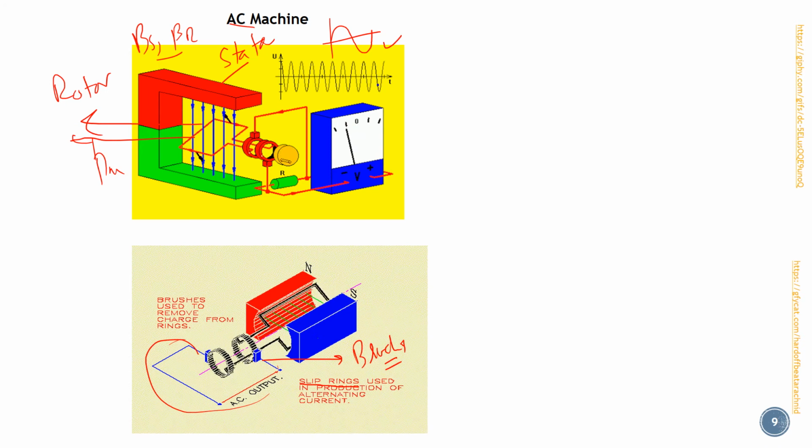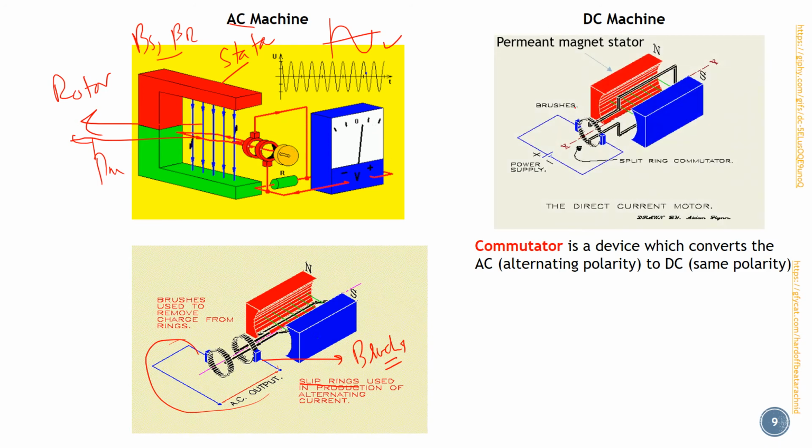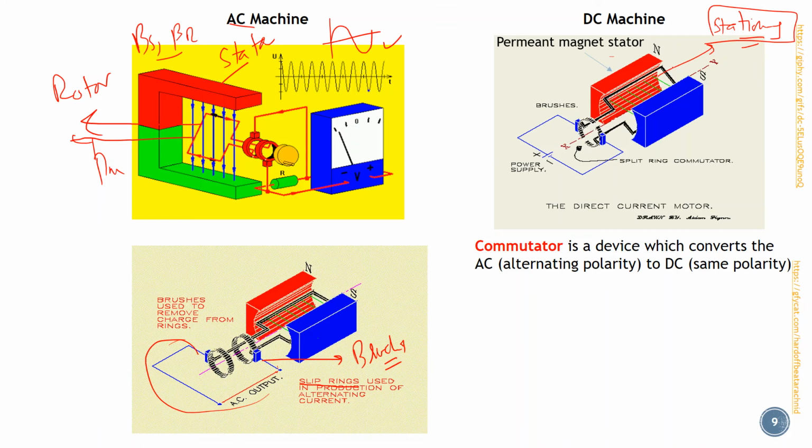But in the DC machine, if you remember from the first chapter, the stator magnetic field, for example from this permanent magnet stator, remains stationary. It is not rotating. Usually we rotate our rotor, and the other name of the rotor, as we learned earlier, is the armature. The armature and the rotor are the same.